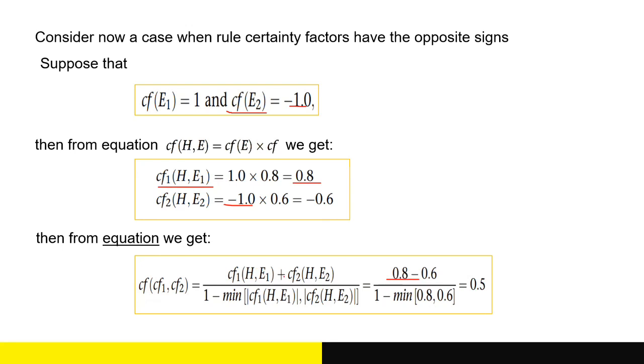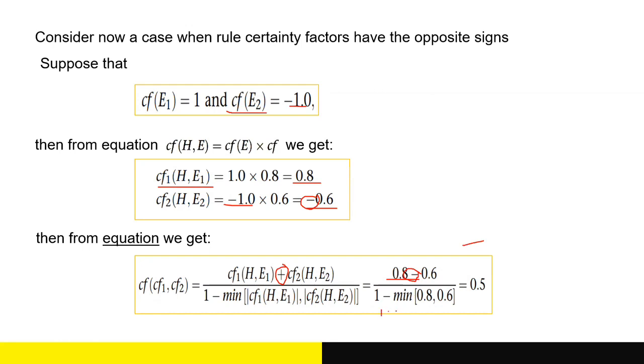And then plus, since the certainty factor 2 of hypothesis given evidence 2 is negative, we have different signs. So, minus talaga siya. So, 0.8 minus 0.6, so we have 0.2. And then 1 minus the minimum of the absolute values of the two certainty factors.